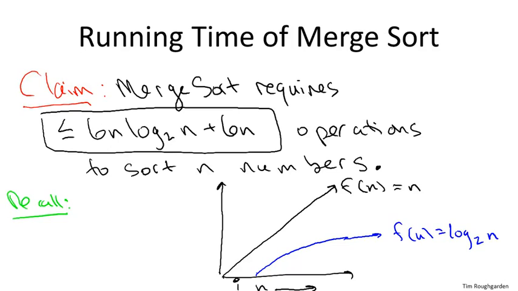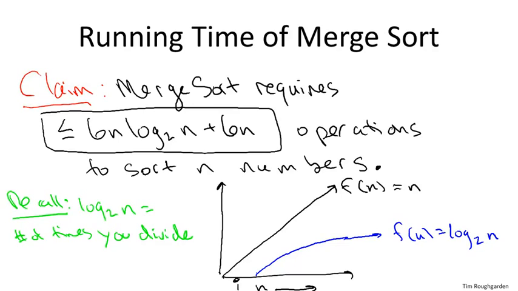Okay? So the point is, you can already see this. If log of 1,000, roughly, is something like 10, then the logarithm is much, much smaller than the input. Okay? So graphically, the logarithm is going to look like a curve which becomes very flat very quickly as n grows large.